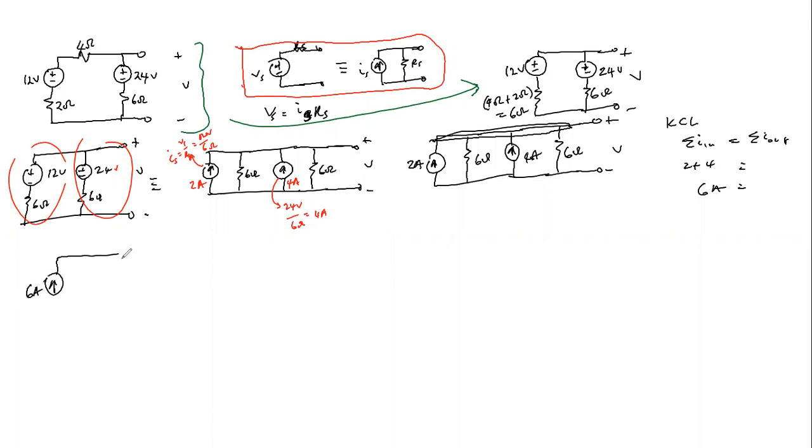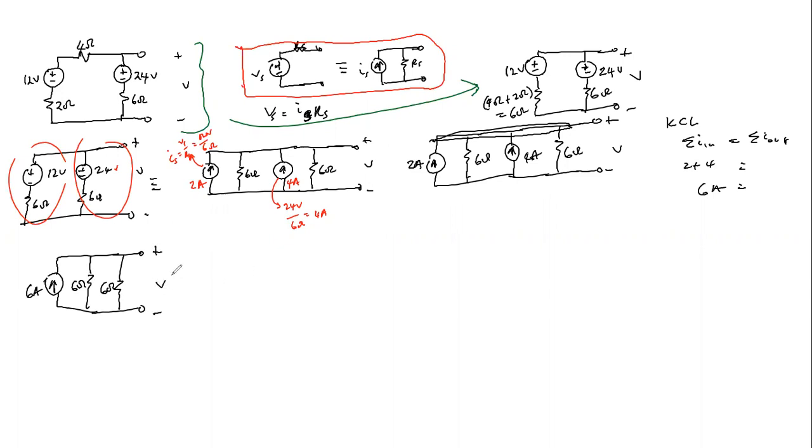Then we have 2 resistors connected in parallel, 6 ohms, 6 ohms. So we've applied one of the 3 principal steps, plus minus V.